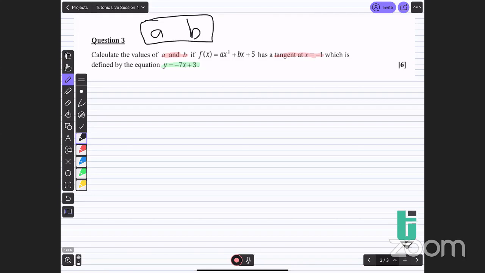Maro? What's the rule we said about the tangent? The gradient of the tangent is equal to the gradient of the graph at the point of contact.